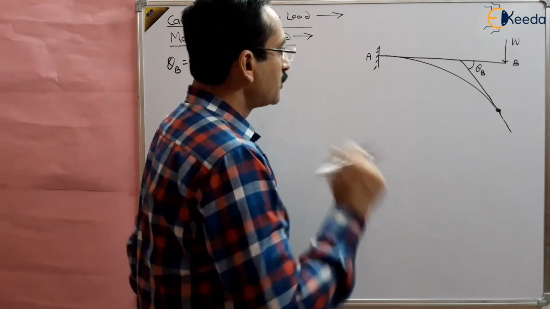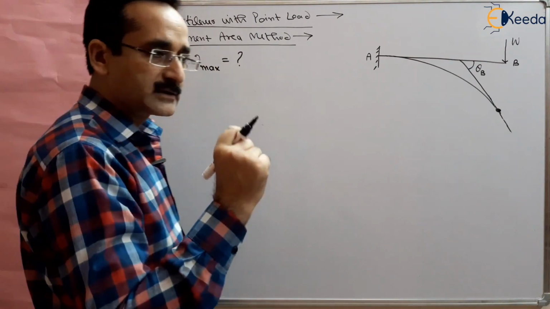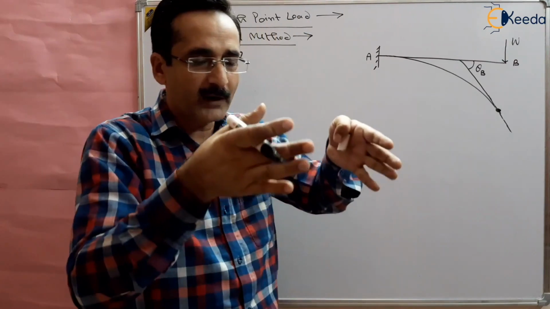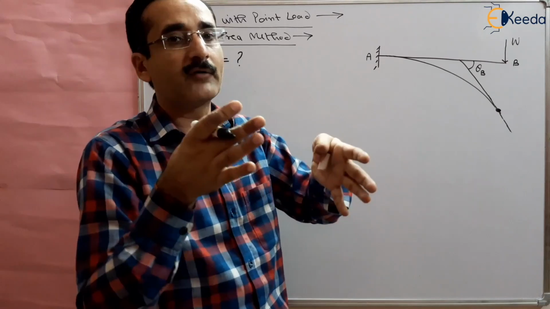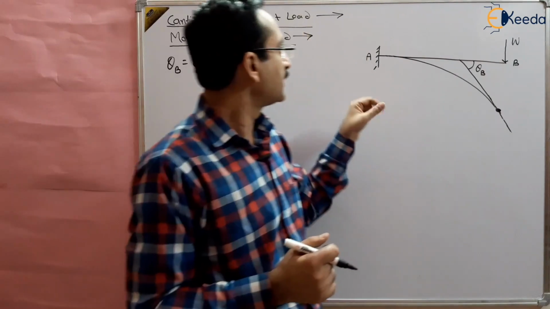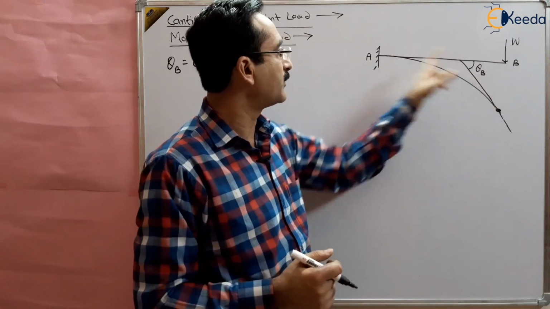I should choose a point where the slope is 0, so that I can find the difference between 2 points by the area of the bending moment diagram, as theta B minus theta A.